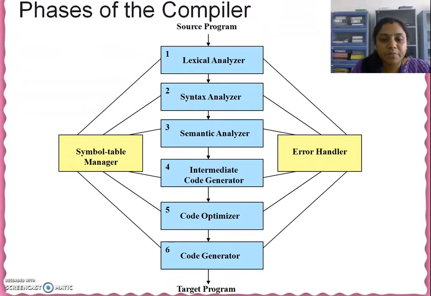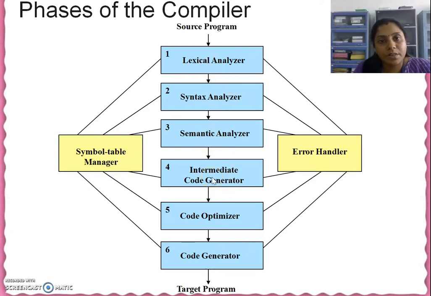The first phase of the compiler is the lexical analyzer, where your source program is divided into tokens. These tokens are given to the syntax analyzer, which uses a parser to check whether the syntax is correct or not. Then it moves to the semantic analyzer, where the meaning of the statements is verified, and particularly type checking and type conversion are done.